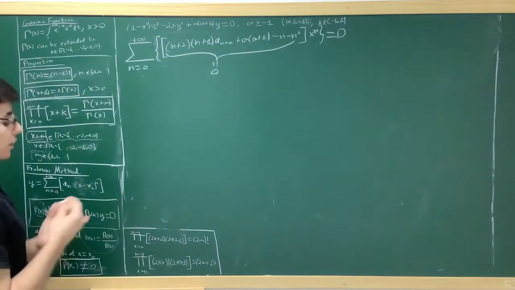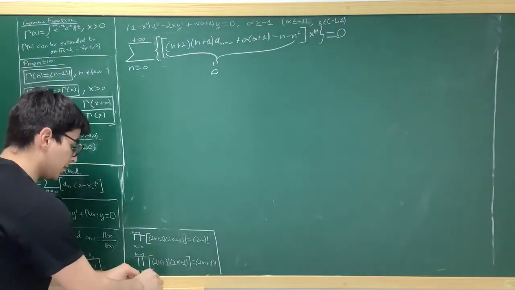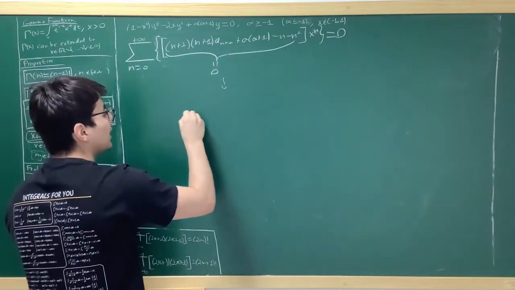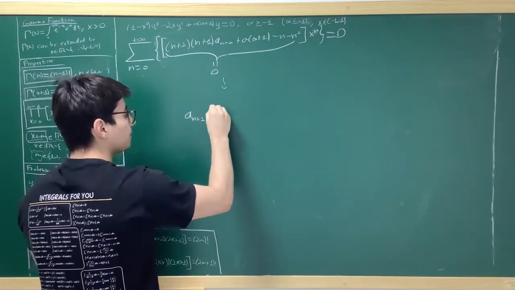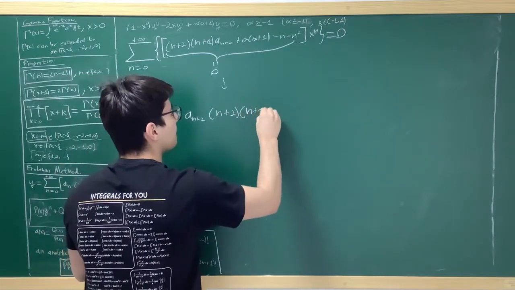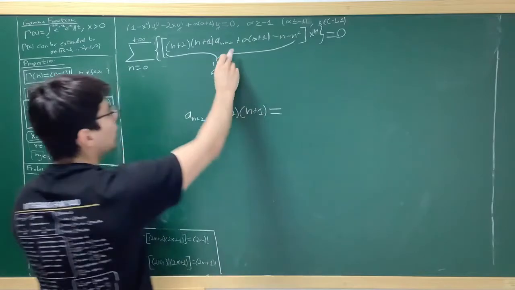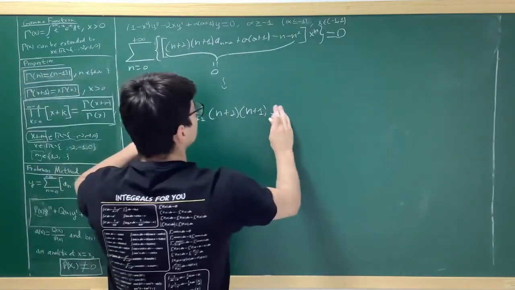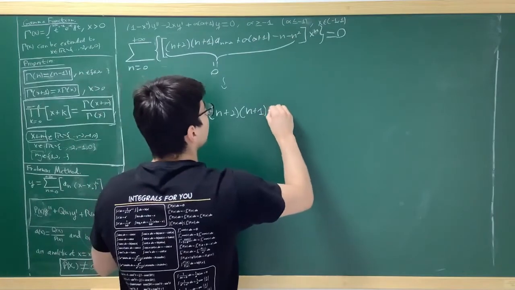So we get that a necessary condition for this to hold is that a_(n+2) times (n+2)(n+1) is equal to 0. Sorry, all this is equal to 0, so let me just write it like this.